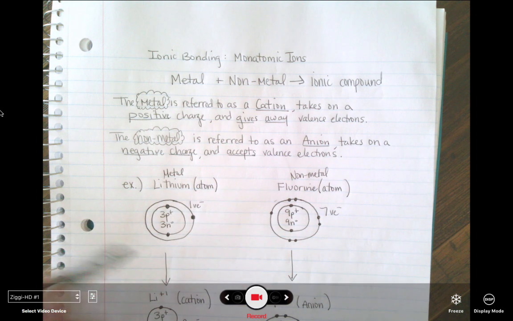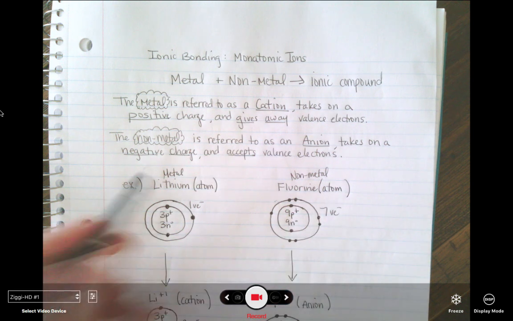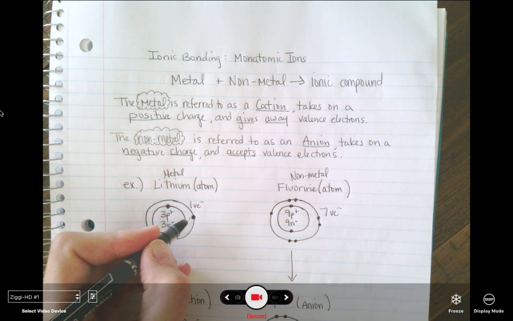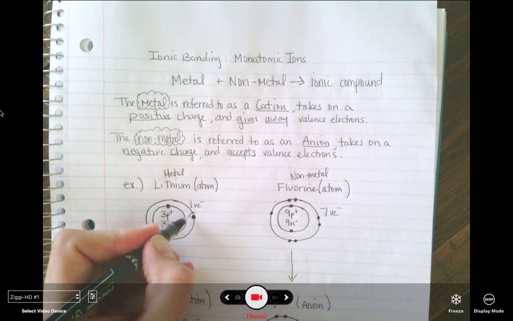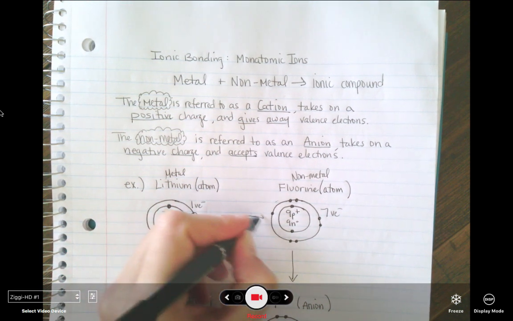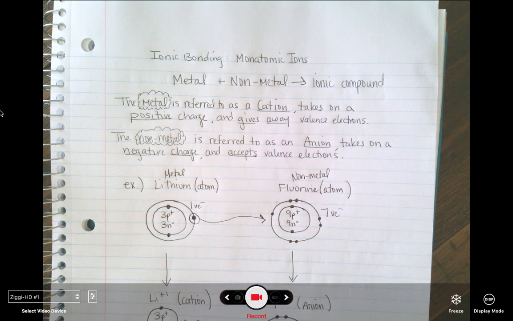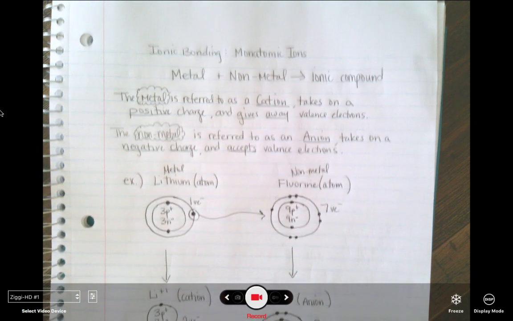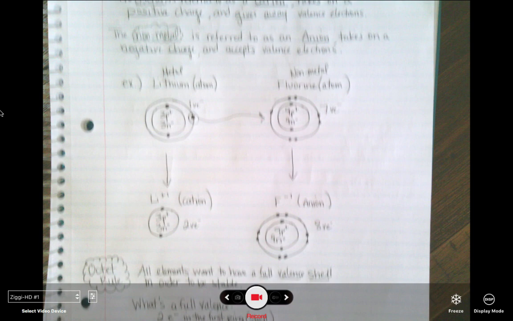And what's going to happen, in order to form an ionic compound, lithium is going to give away its valence electron. So this electron right here. It's going to give away its valence electron to fluorine. When it does that, it's going to form an ionic compound.